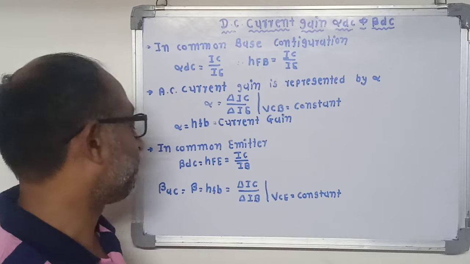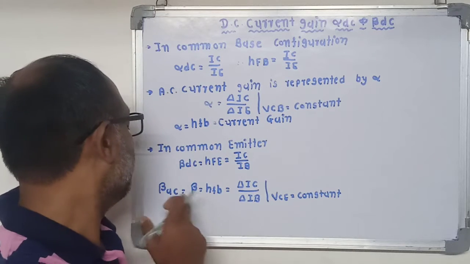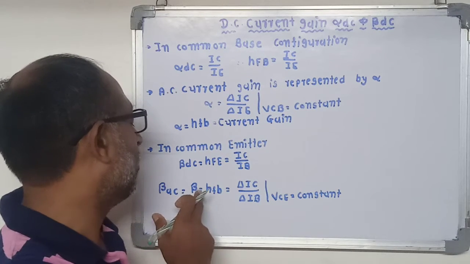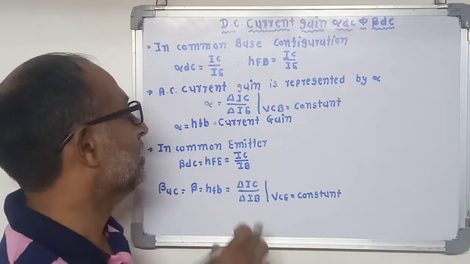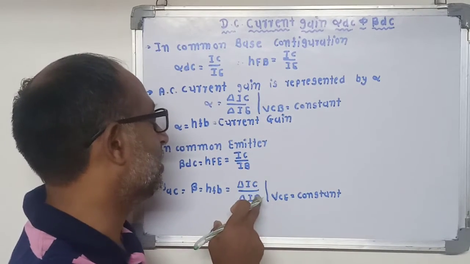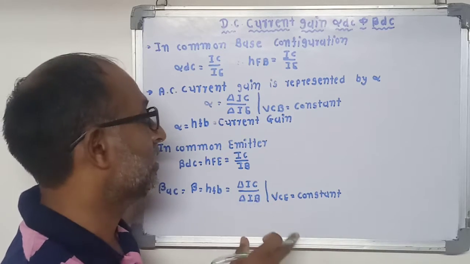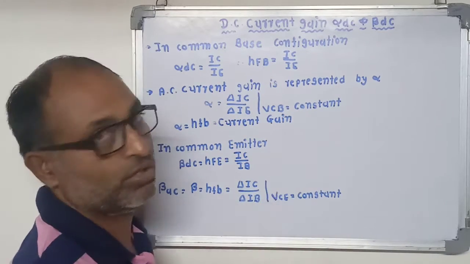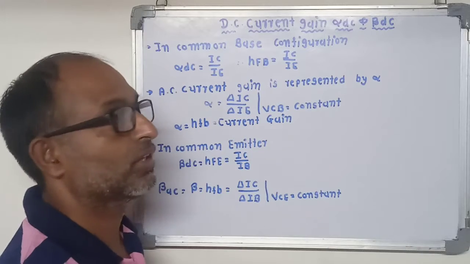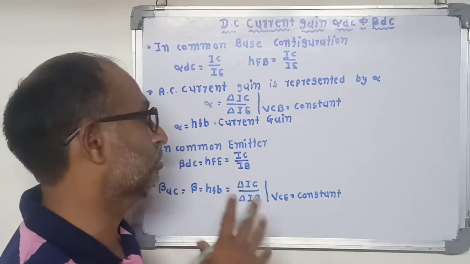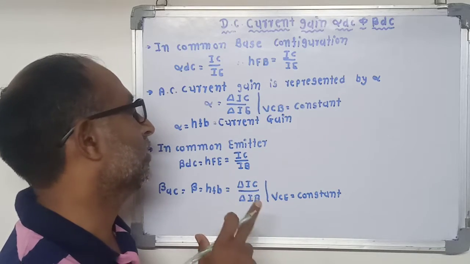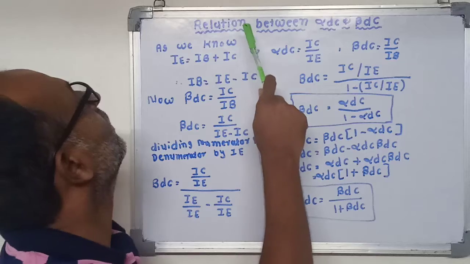Now in AC, beta AC or beta or hfe is the ratio between change in collector current to the change in base current at VCE constant. VCE means the voltage applied between collector and emitter junction of the transistor in common emitter configuration.